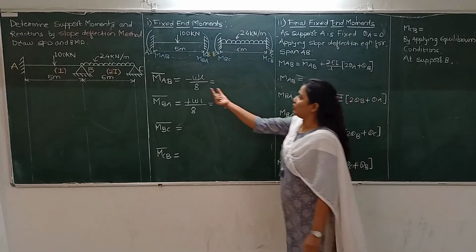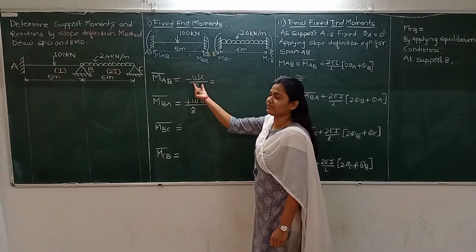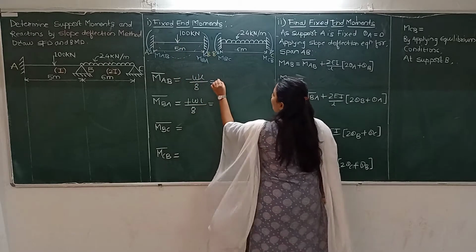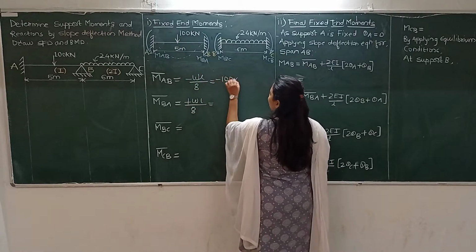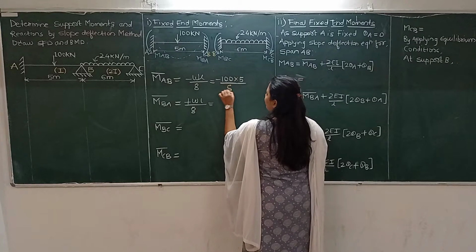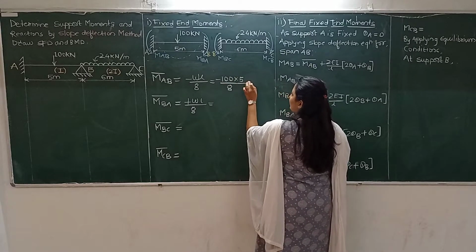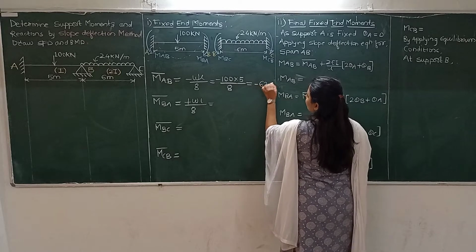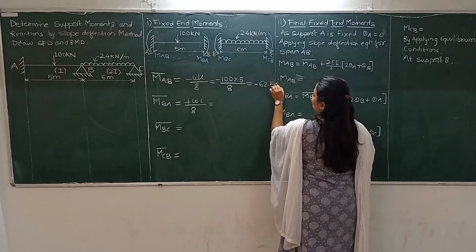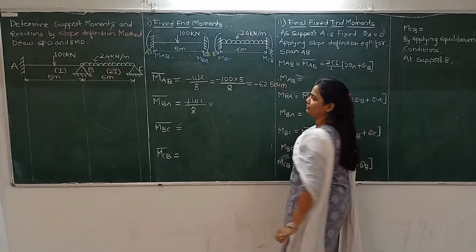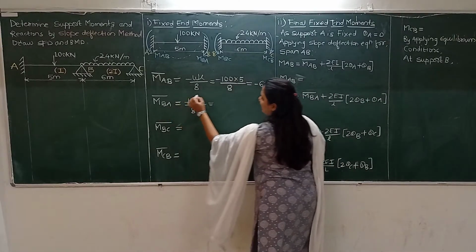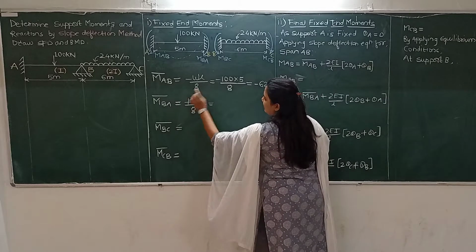When we put the value of W in this formula, W is 100 kN acting over a span of 5 meter. So minus 100 into 5 divided by 8, which, when you calculate on the calculator, gives the fixed moment as 62.5 kN-meter, negative. The same value goes to MBA bar, the fixed moment of span BA.